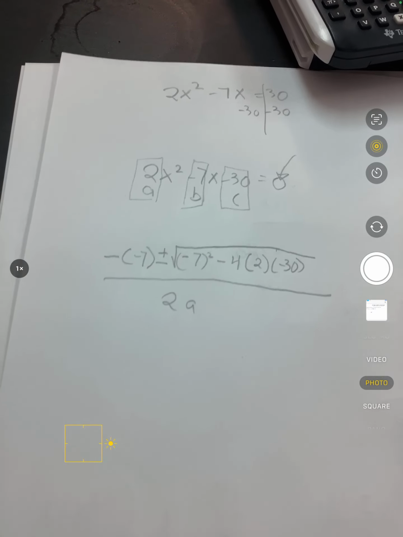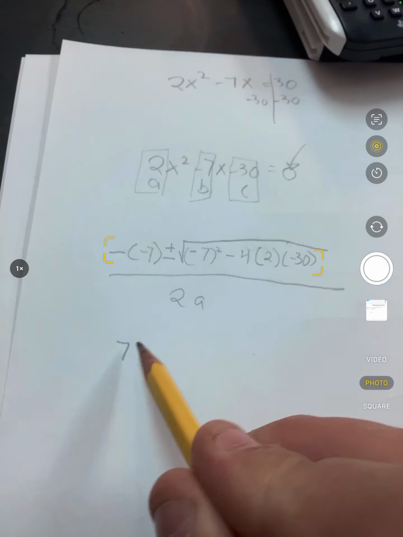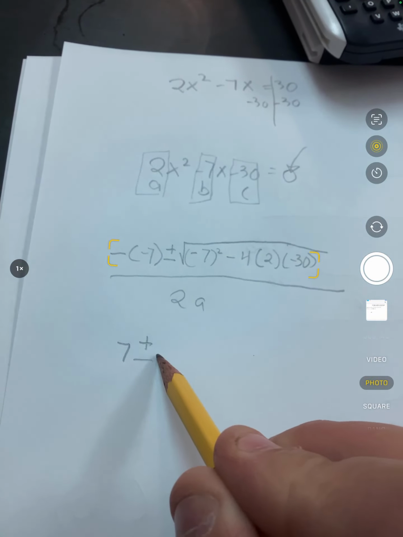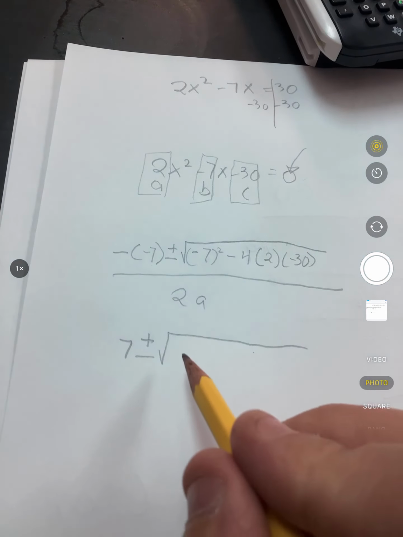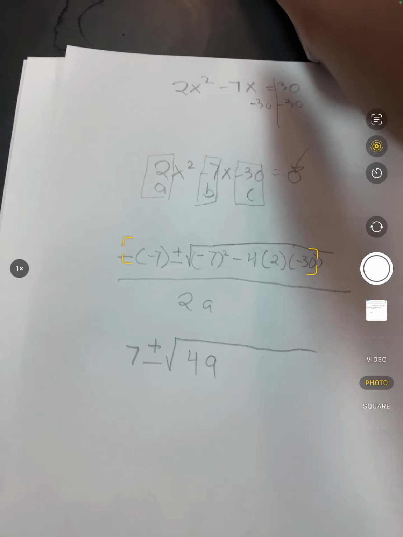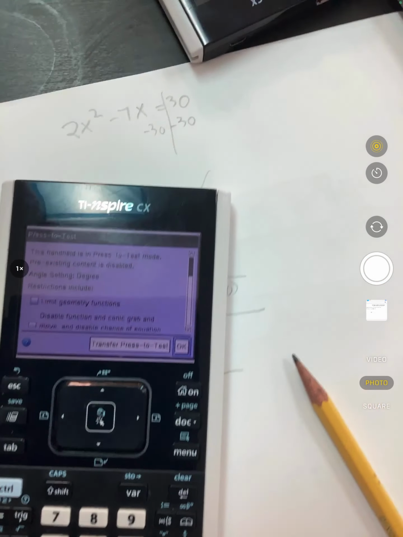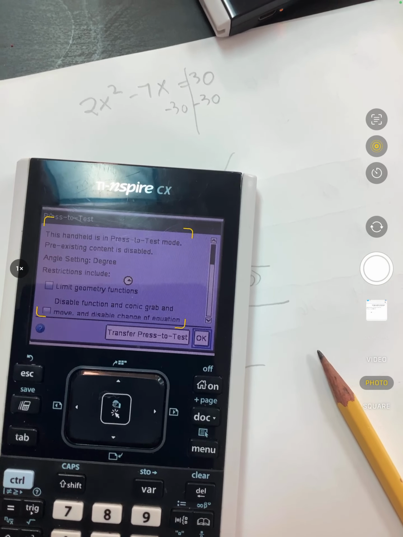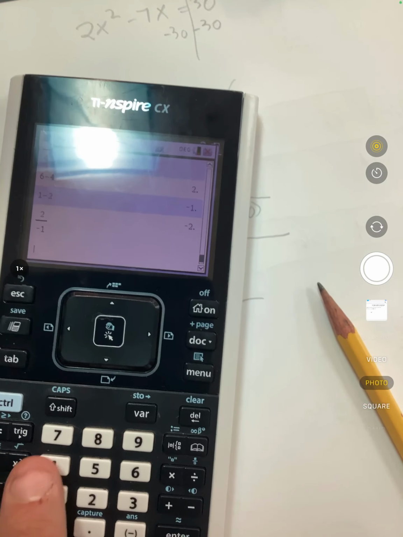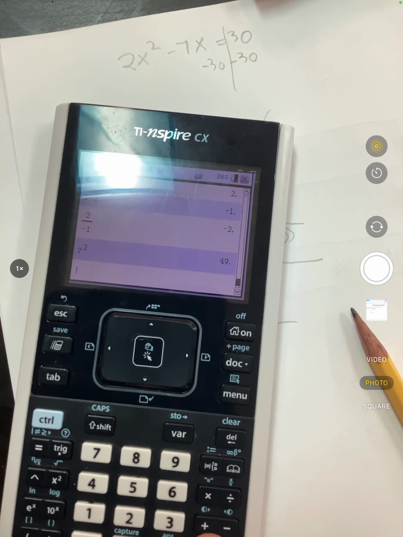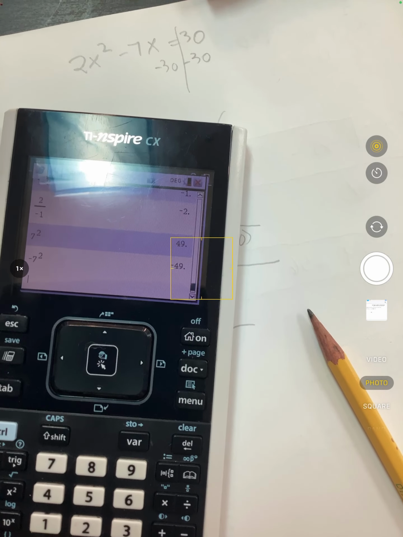All right, so from here, negative 7 turns into positive 7, so it's 7 plus or minus the square root of negative 7 squared, which is 49. Now my calculator's on, I can actually show you that. Oh, there we go. Yay. All right. So 7 squared is 49, and also negative 7 squared is also 49.